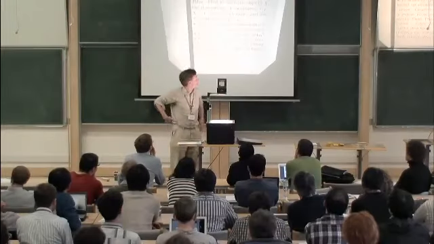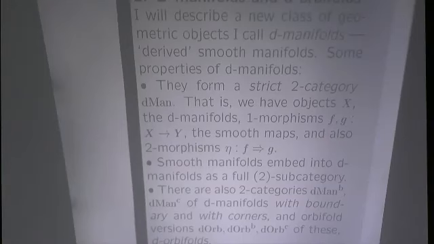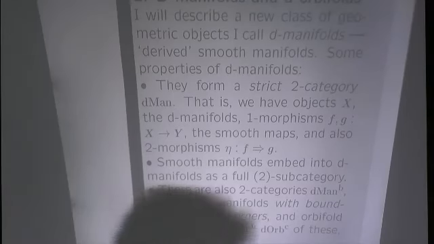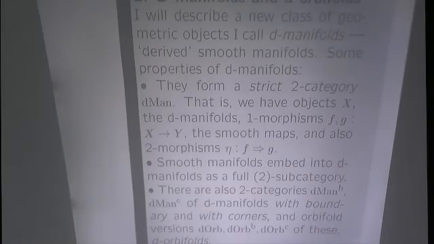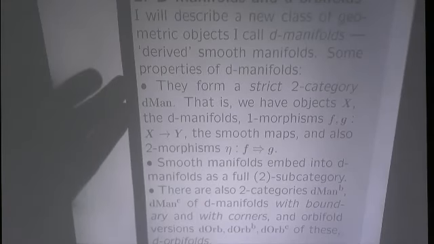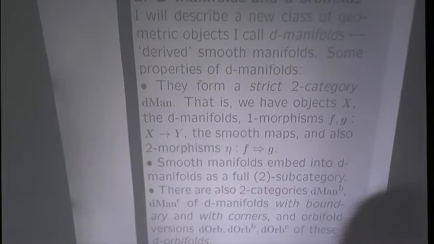Okay, so what I'm talking about, I call D-manifolds and D-orbifolds. So these are kind of derived smooth manifolds in the sense of derived algebraic geometry. So let me tell you some properties of these. Firstly, they form a strict 2-category, D-Man.